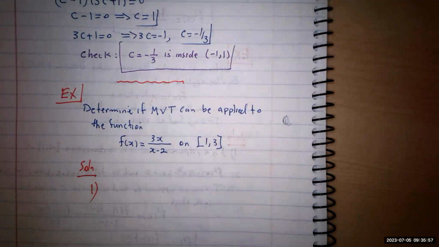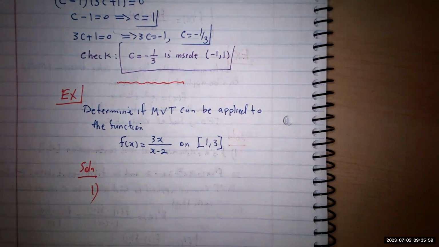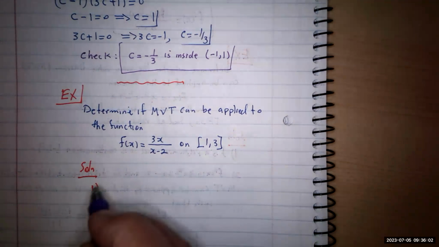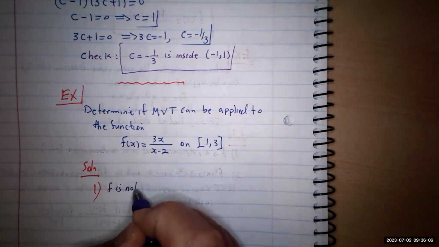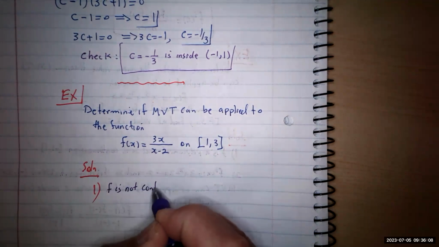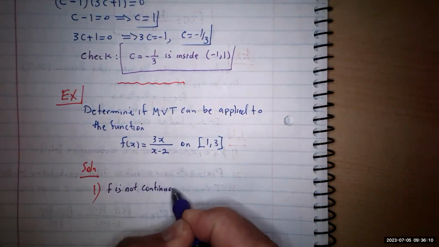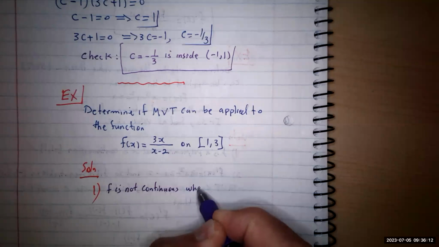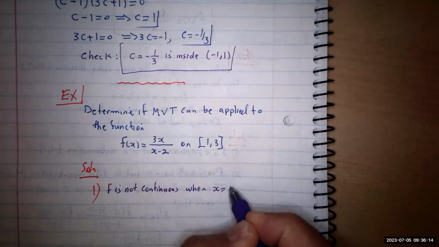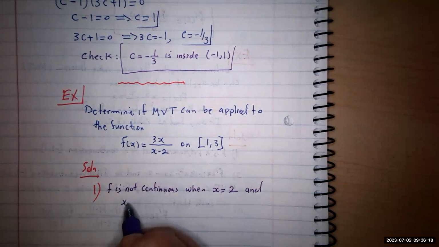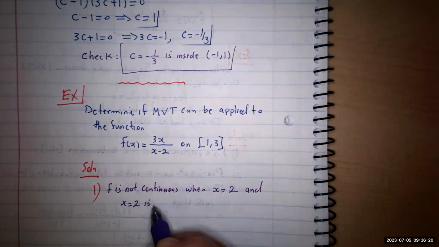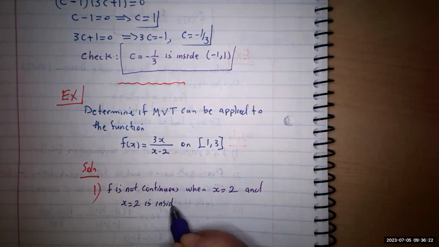Okay, this is the type you see in your book. So this is how you explain it. You say that f is not continuous when x is equal to 2, and you explain that x equal to 2 is inside this interval.